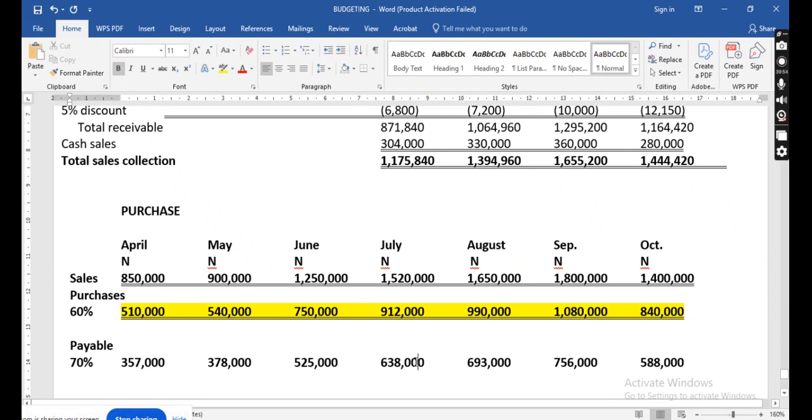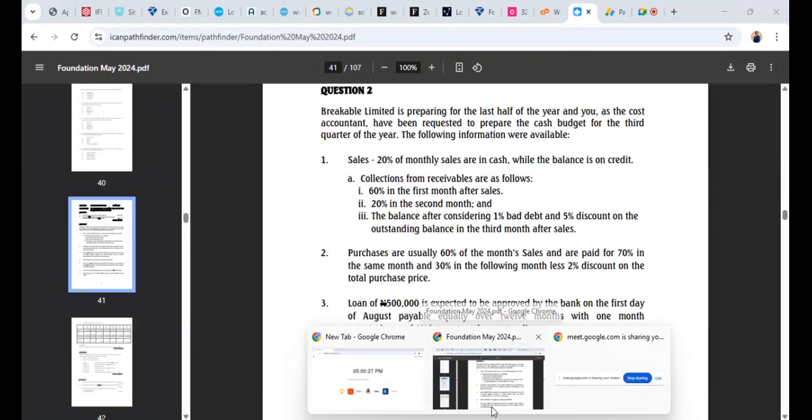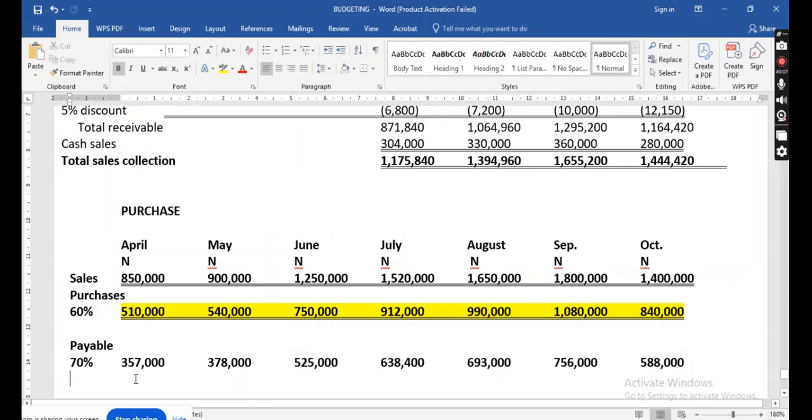Sorry, the one for July is 638,400. Okay. So how many percent will be paid in the following month? That is 30 days. Is that also 30%? Yes, that's right for May.